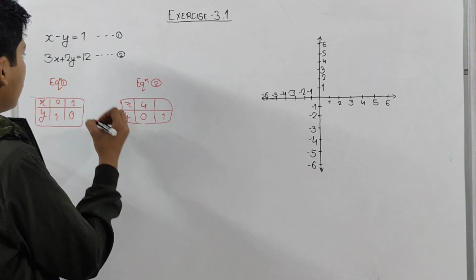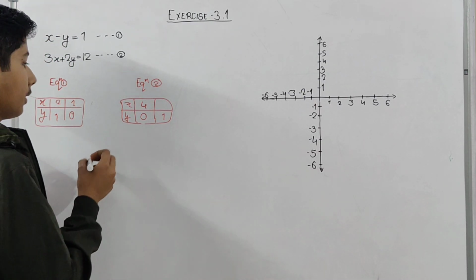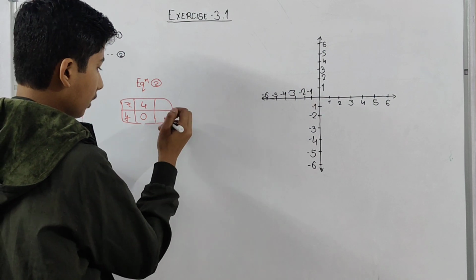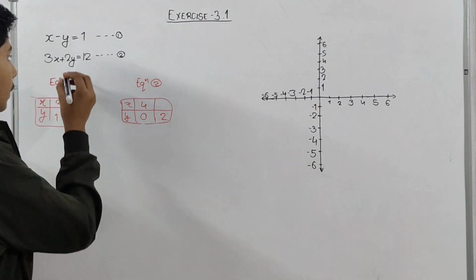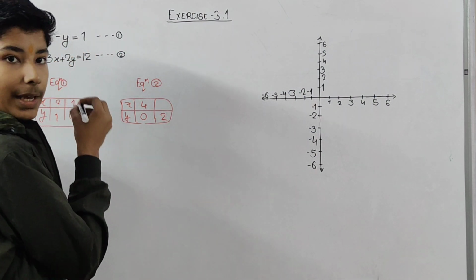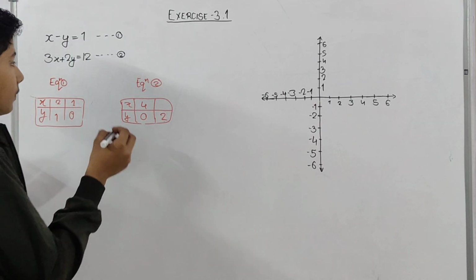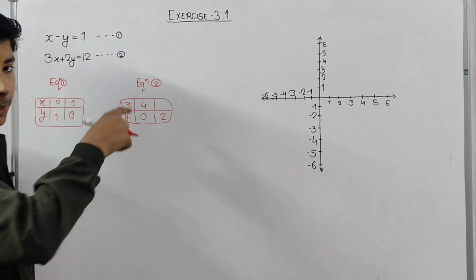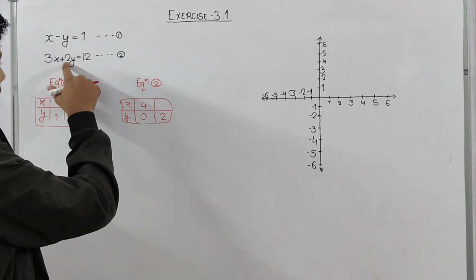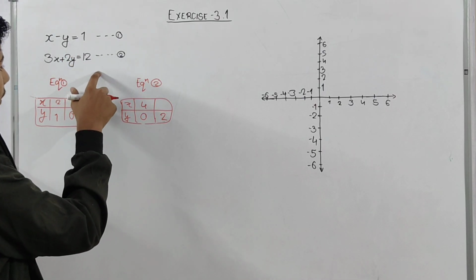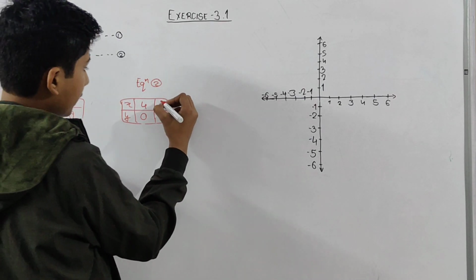Now we put 1, so 12 minus 2 is 10. Let's put 2, so 12 minus 4 is 8, and 8 by 3.